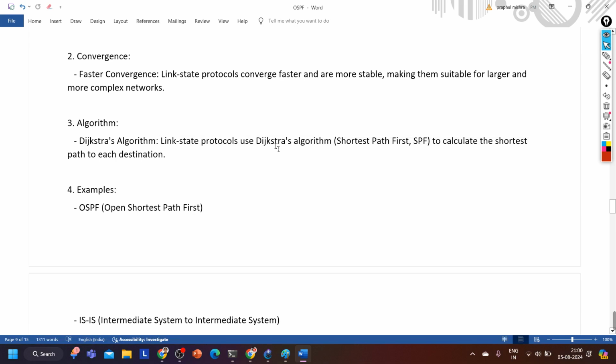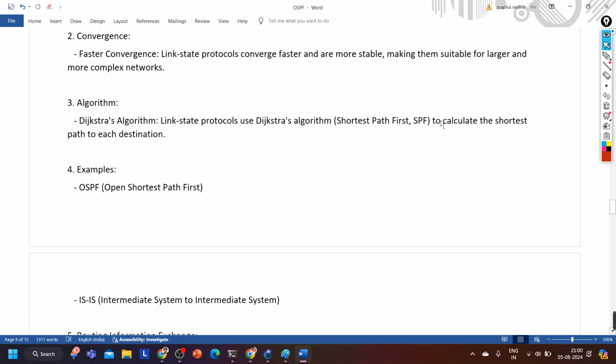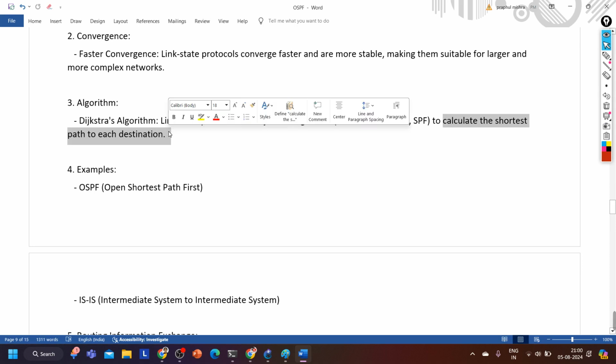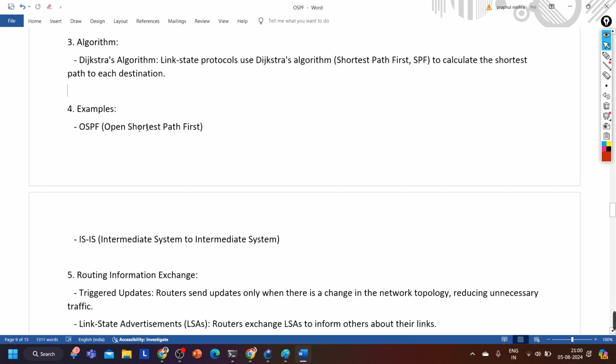Dijkstra algorithm uses link properties to calculate the best path, to calculate the shortest path to each destination. Examples of link state routing protocols are OSPF and ISIS, right?